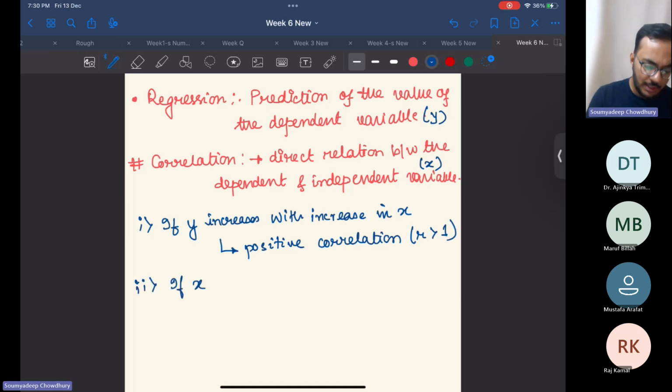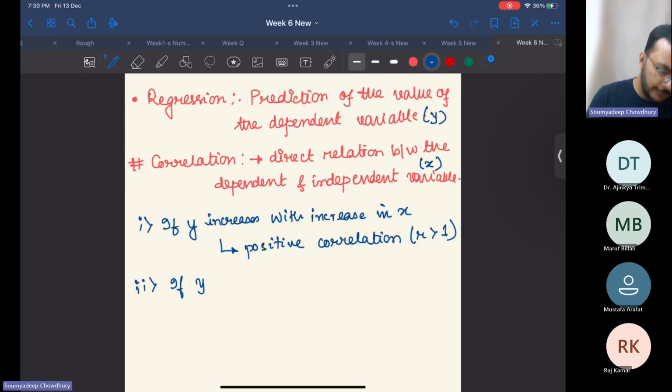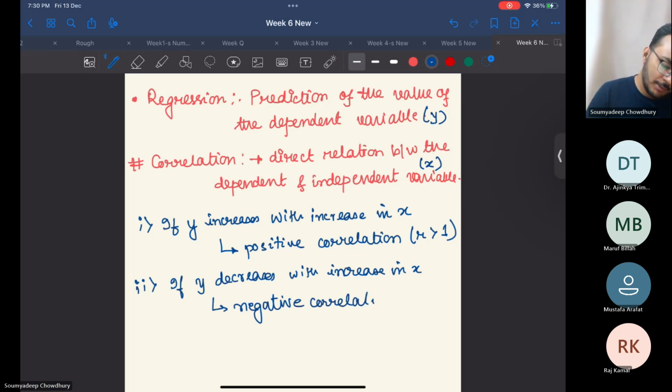And if y decreases with increase in x, it is called negative correlation. That is, your correlation coefficient is less than 1.